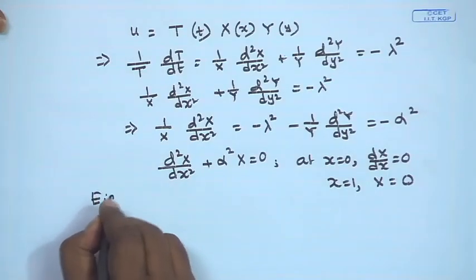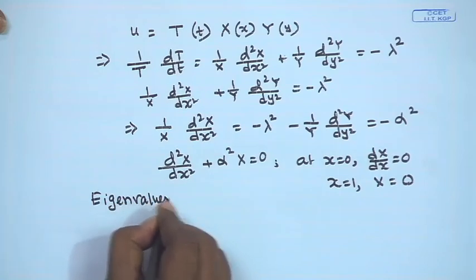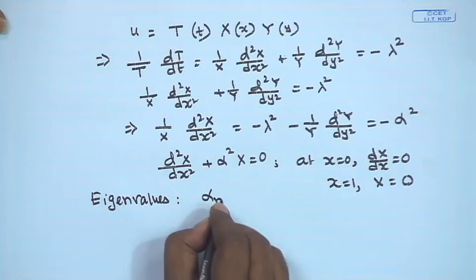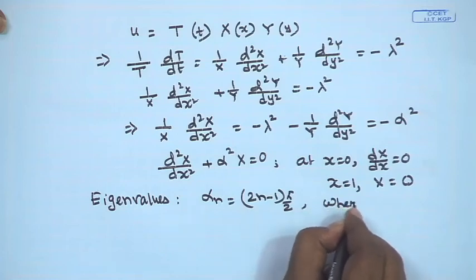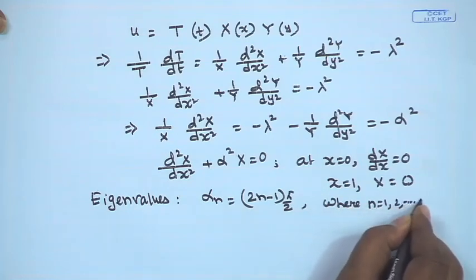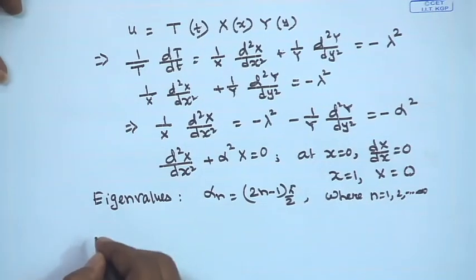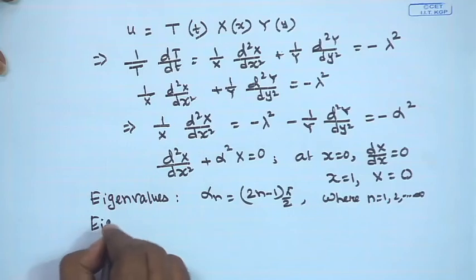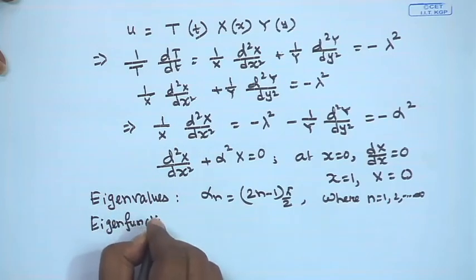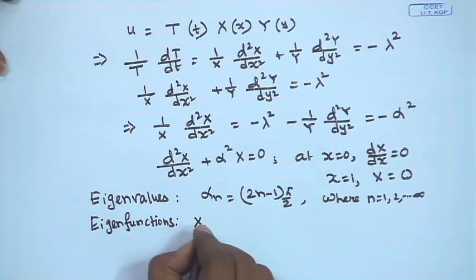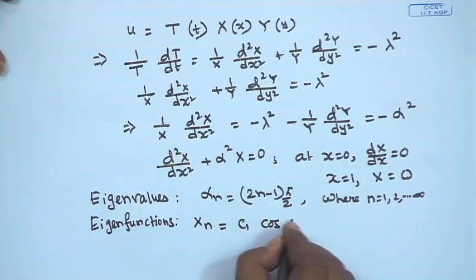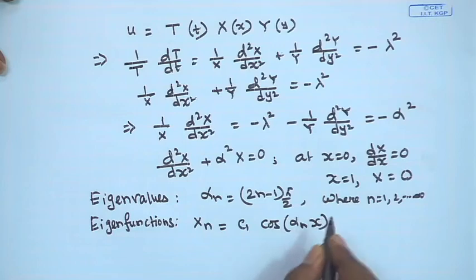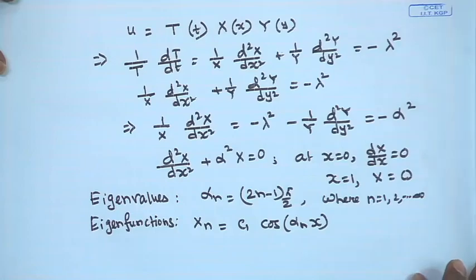So, eigenvalues alpha n is equal to 2n minus 1 pi by 2, where n is running from 1 to infinity, and eigenfunctions X n corresponding to nth eigenvalue. So, this will be C 1 cosine alpha n x, where alpha n is basically nothing but 2n minus 1 pi by 2.